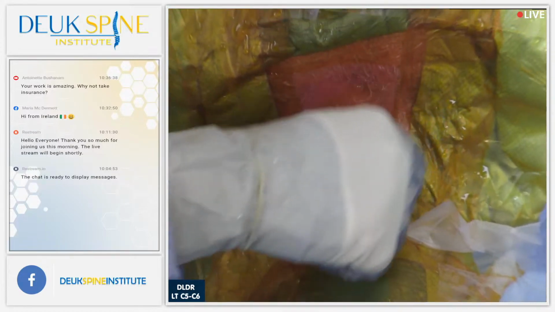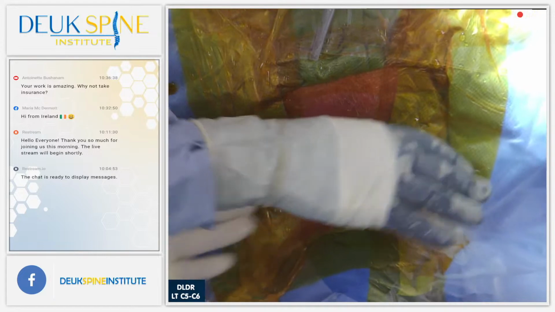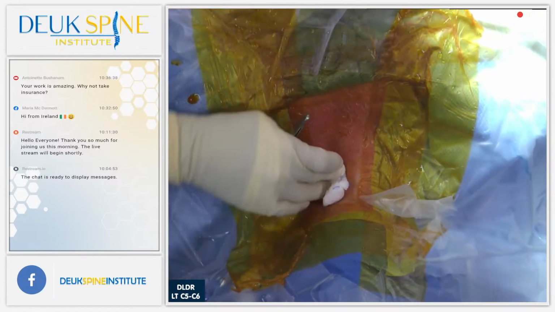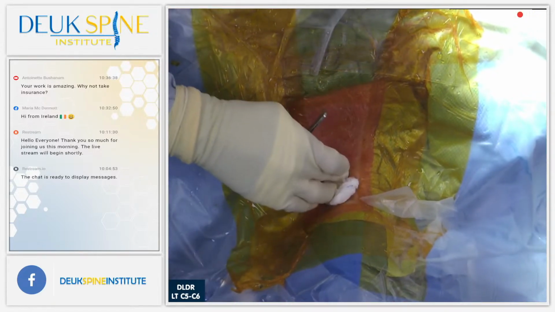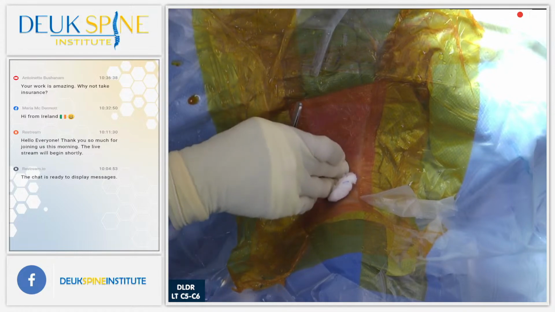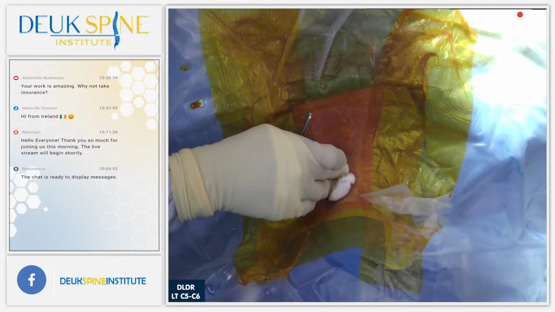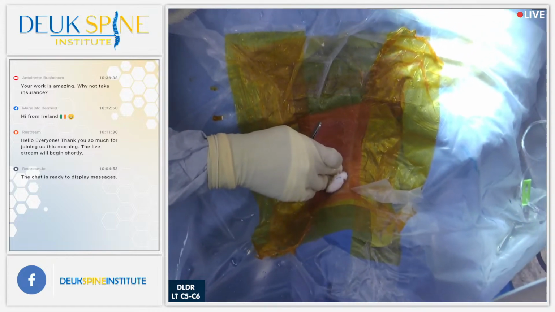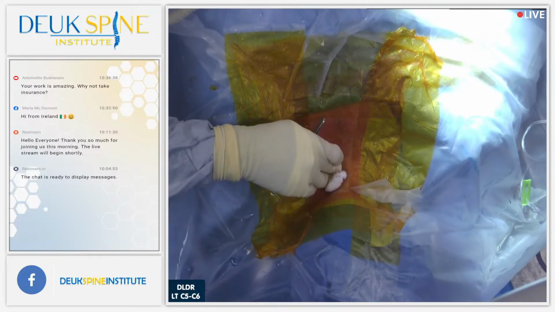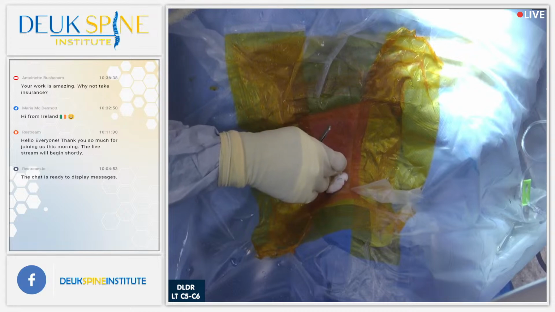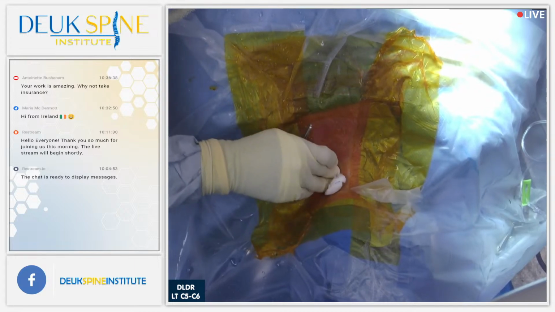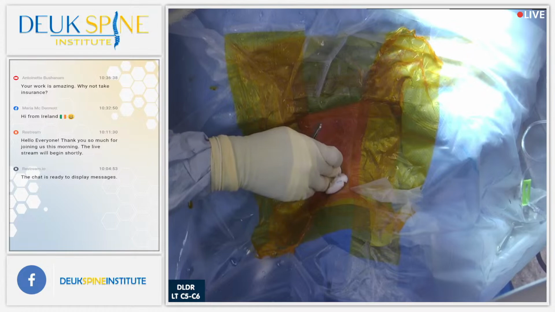Anywhere else he would have had a fusion done with a big incision, scar tissue, complications, metal plate, loss of movement. But now he's going to have normal movement of his neck because we didn't do any fusion. We just helped his body heal something that it's been trying to heal for 5 years. That's what the Deuk laser disc repair is. It's a help to your body to heal something your body can't heal on its own.